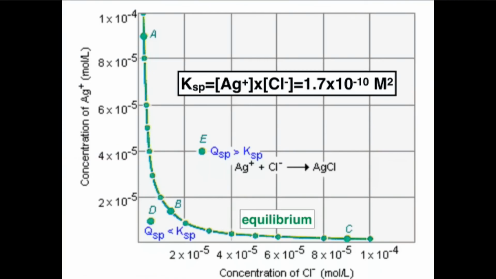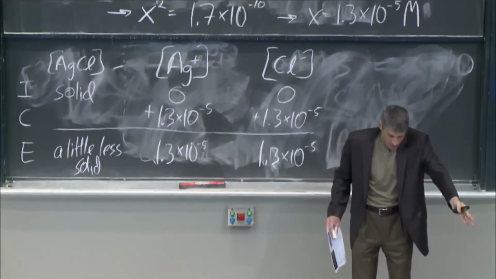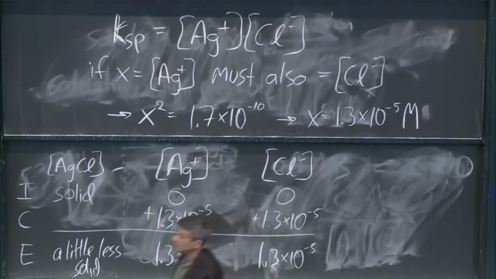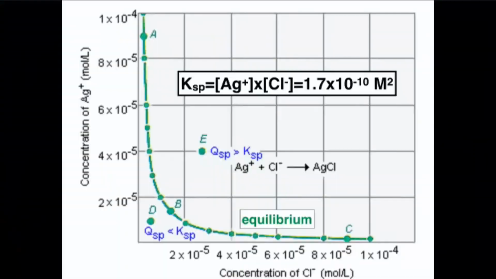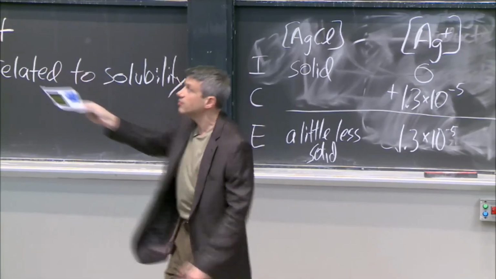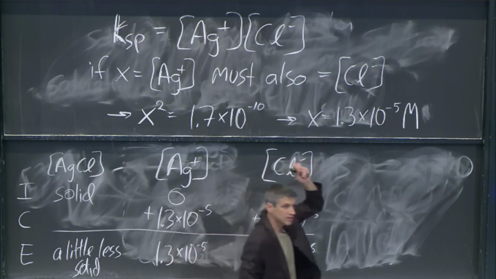But you can see that equilibrium can also be had and will be had, because K never changes if you fix the temperature. K is the same. So I can mess with this in other ways. I could add a whole bunch of chlorine and it will come back down onto that green curve, which is the curve that guarantees K is the same constant. That's what that green curve is.